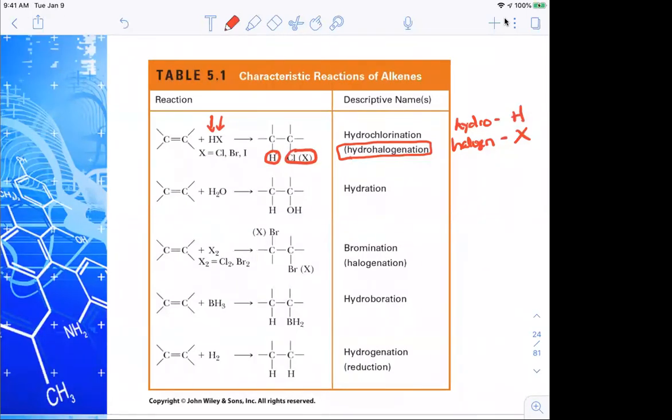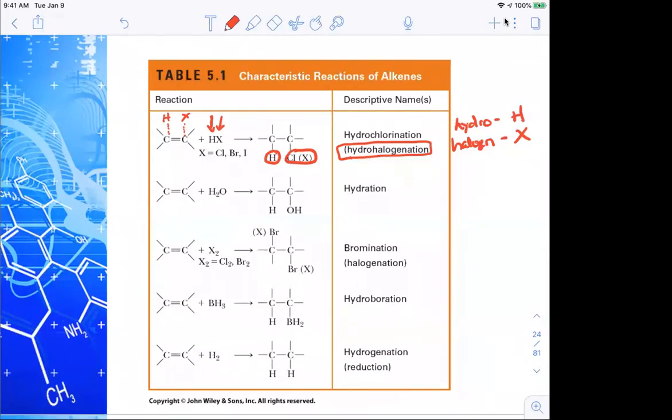So an H goes here and an X goes here, and what I end up with is the H and the X, which in this top example is chlorine, right? And then the HX would be HCl, and I get the addition of hydrogen and the addition of halogen, which is why it's called hydrohalogenation.